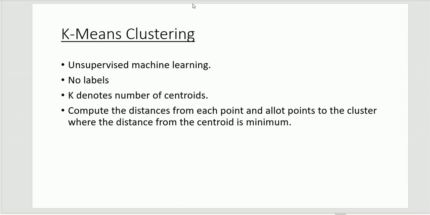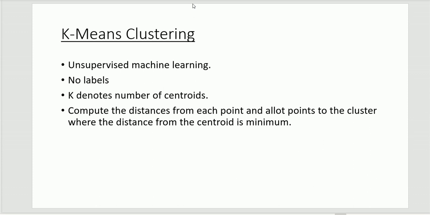I hope you all know the difference between supervised and unsupervised machine learning. Supervised machine learning means we need labels to predict the data. For unsupervised machine learning, we don't need any labels because we have only data or features. By using the data, we group, identify the pattern, and make groups.